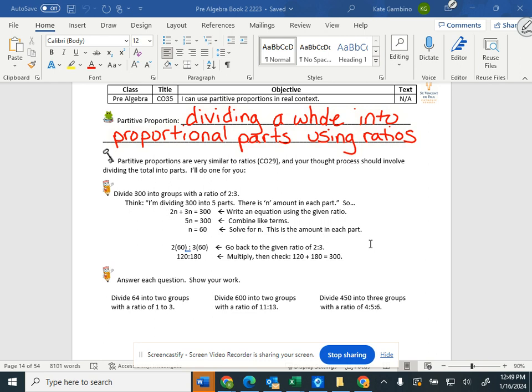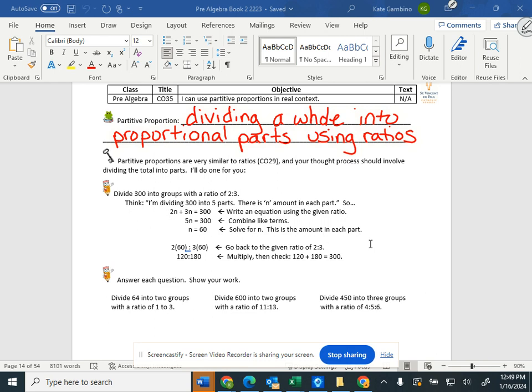Remember I said we're building on what we learned in the last unit. So we're using those ratios and we're going deeper with them. With a partitive proportion, we're dividing a whole into proportional parts with those ratios.